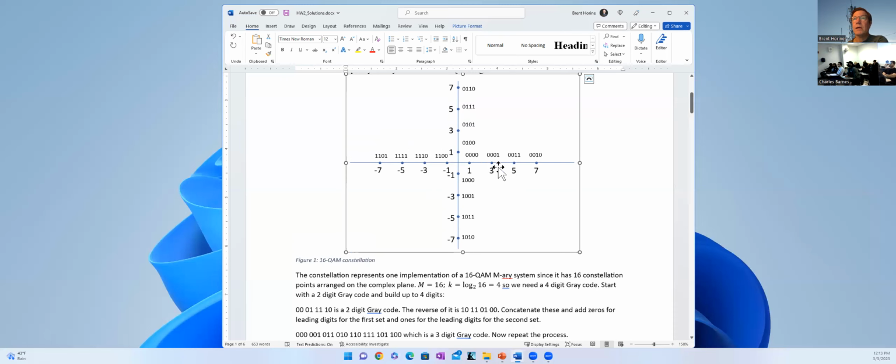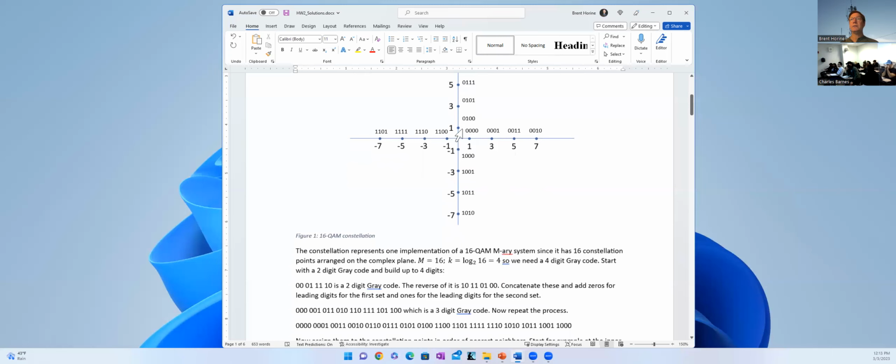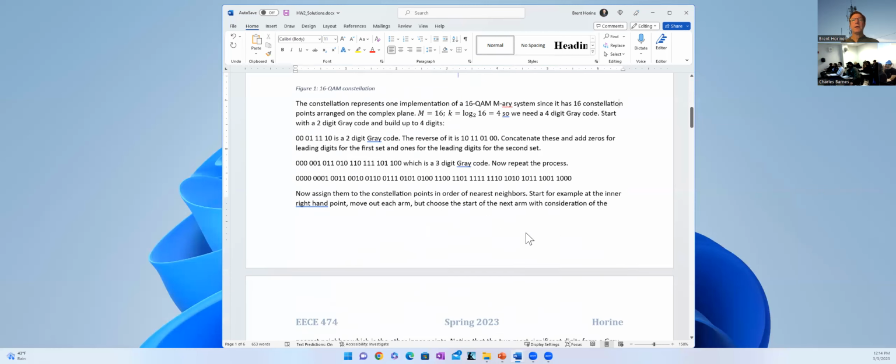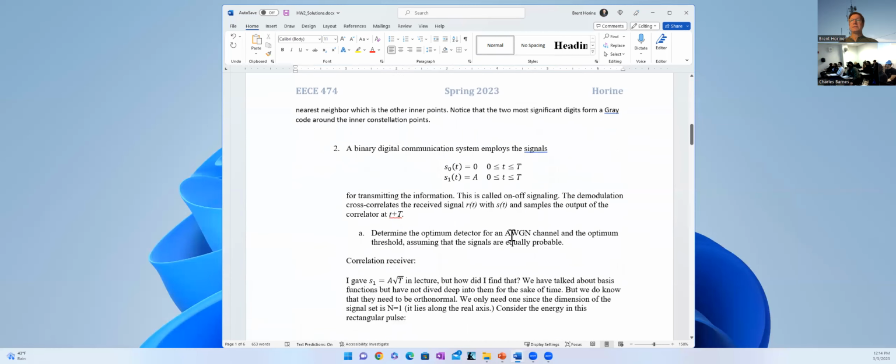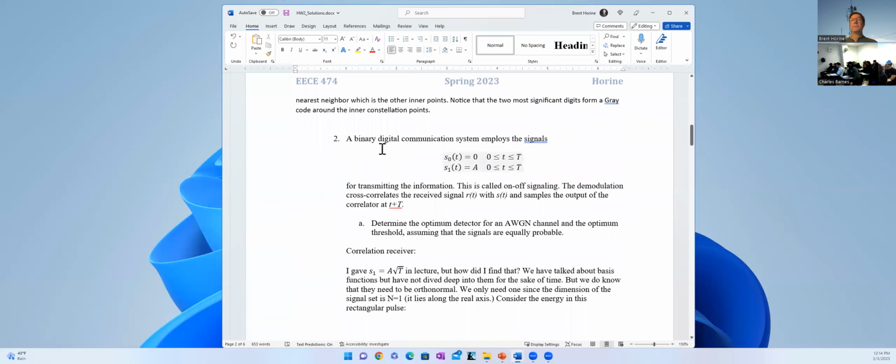Again, there are some degrees of freedom here, so you may come up with something different, but the key is making sure that these are nearest neighbors to each other, and that all of these inner ones are nearest neighbors. Okay, all right, second problem here.